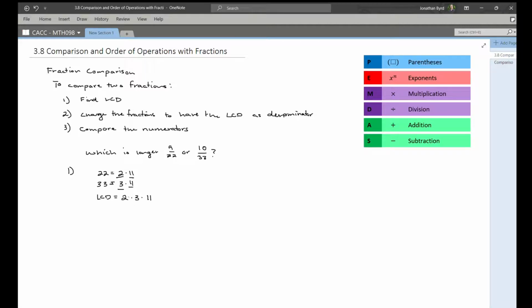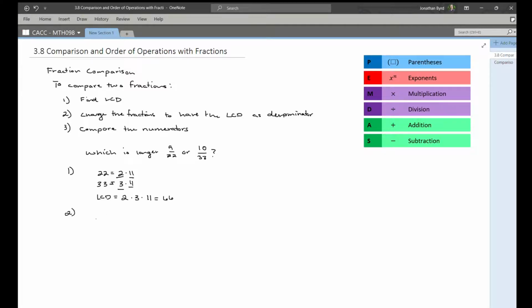So it doesn't matter which one I pick, but the key is that 11 occurs once in the LCD. And then once I have my list of factors down in the LCD, I just multiply across. 2 times 3 times 11, and that is 66. So the LCD that we're working with here is 66.